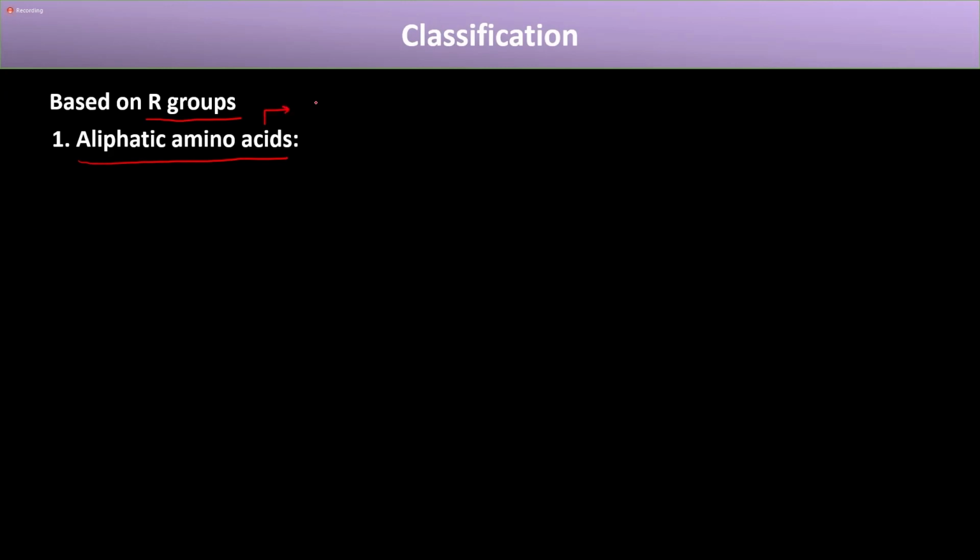It means that the R group of these amino acids contains a linear chain of carbon. So these are aliphatic amino acids.